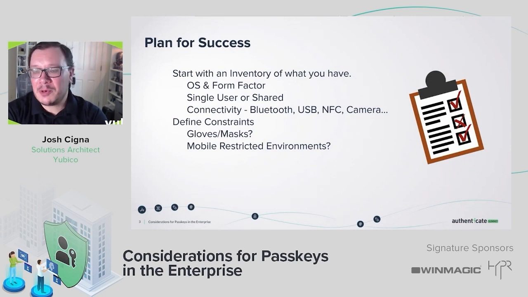Do you have a factory floor? Is it a shop floor where you've got a mobile restricted environment? You might not want people pulling out their cell phones. At the end of the day, when you take a big picture view of what you're trying to accomplish, figuring out these questions early on really is the key for success.